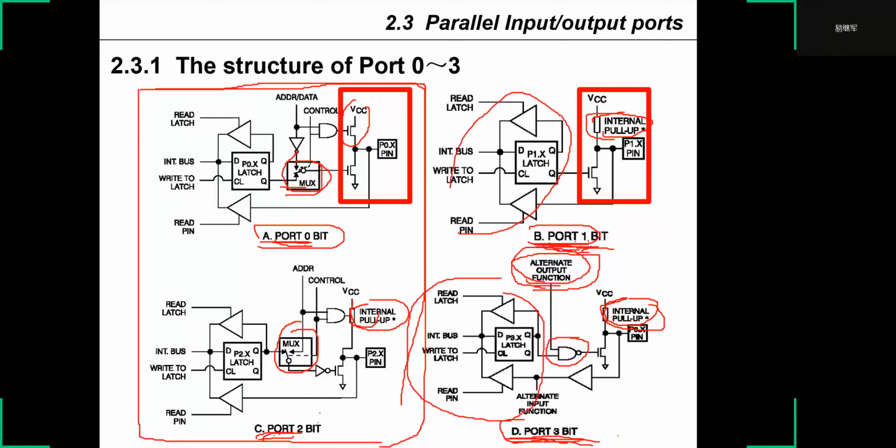But port 3 has an alternative function. So when we change to the alternative function, we use this. Okay, any questions?